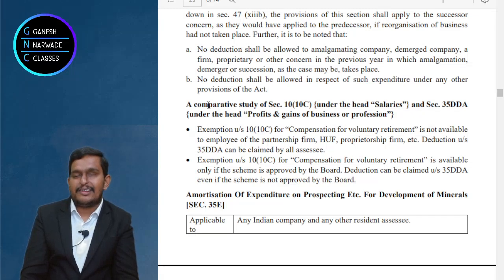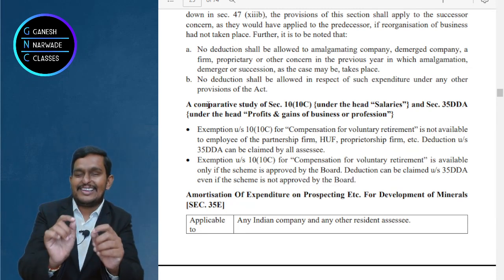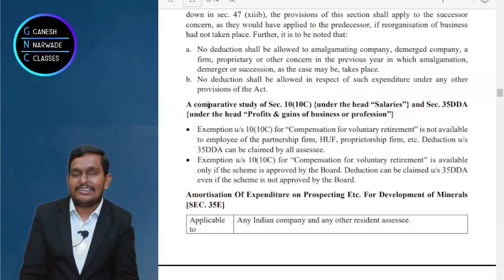Unfair to the employees, right? You are an employee, to get deduction, your boss should not be sole proprietor, your boss should not be HUF, your boss should not be a partnership firm for employees to get exemption under 10(10C). But boss wants deduction, boss can be anybody to claim deduction under 35DDA. That's what they said. I feel very simple to you.